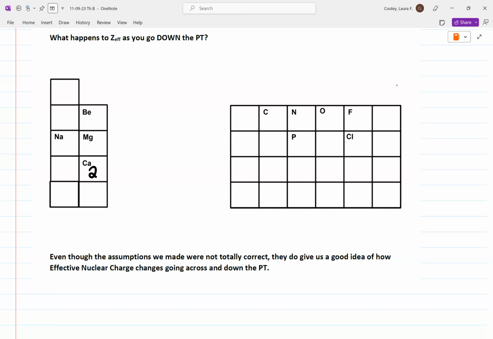You guys do oxygen and fluorine. And everyone else do chlorine and fluorine. So what you're doing is following a simple instruction: Z minus S.